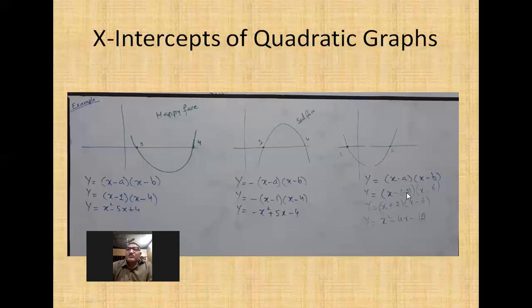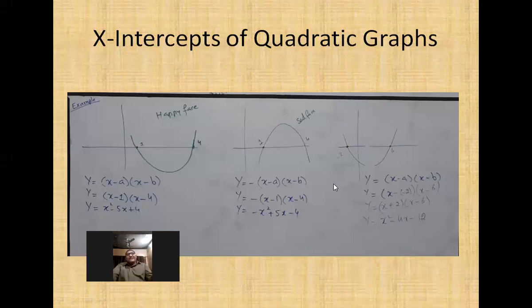Just put those values. So x minus minus 2 becomes x plus 2, and then x minus 6. So the equation is y equals (x plus 2)(x minus 6). You multiply these two brackets and you will get x squared minus 4x minus 12. You can see that here the x squared coefficient is positive, so it will be a happy face.